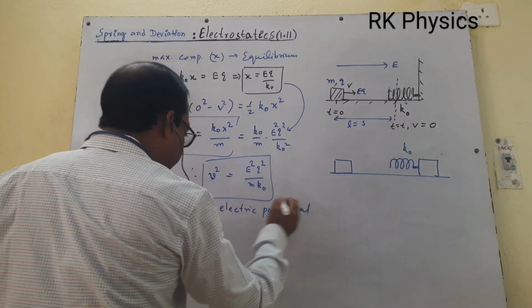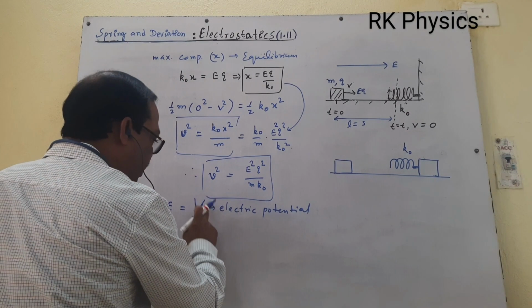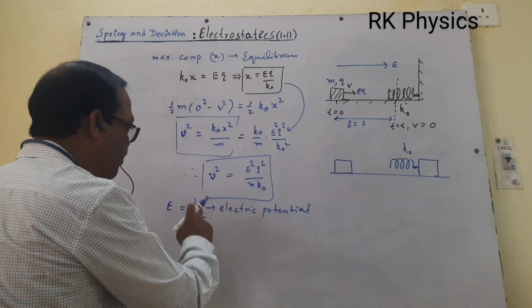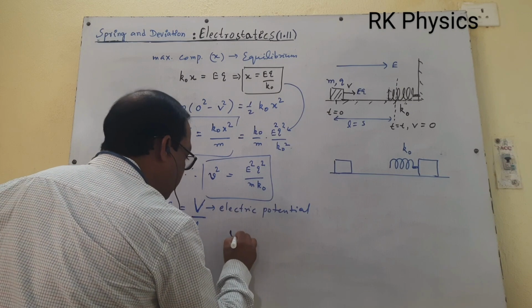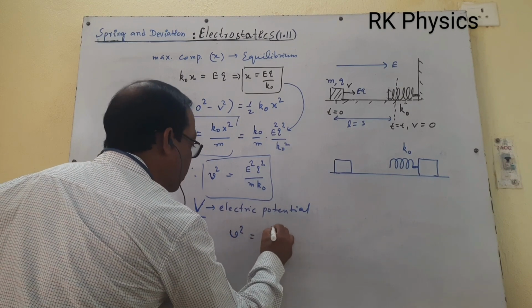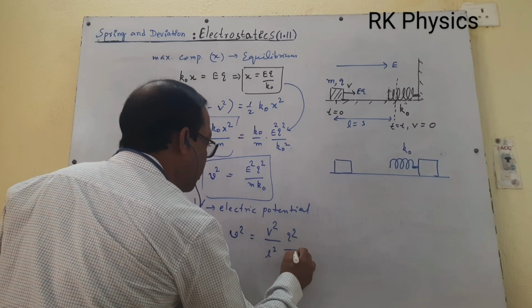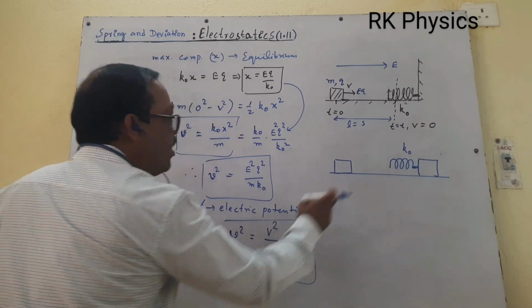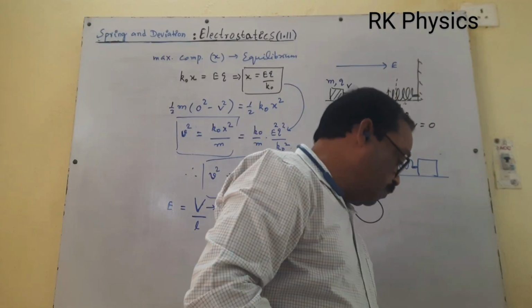If you want to find the relation between the potential and velocity, put v square equal to capital V square divided by L square, into Q square divided by m K naught. Now this L is nothing but the distance traveled by the charge.